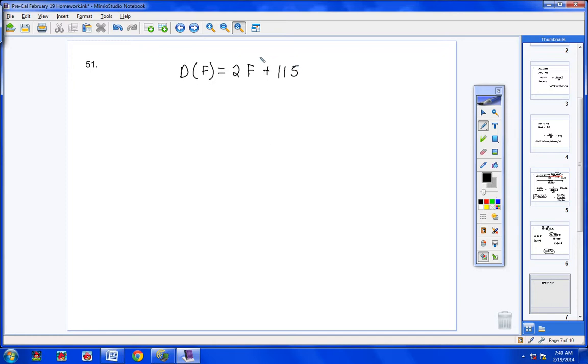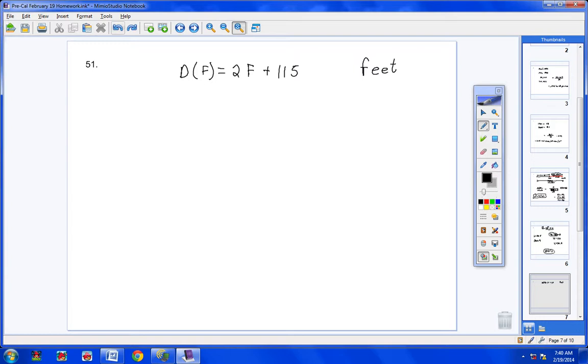F, of course, stands for the temperature outside Fahrenheit, and it also says that this whole thing is in feet. So when you put in a certain temperature, let's say you put in 20 degrees Fahrenheit, okay? The number 2 times 20 plus 115, the number you get out is the feet of distance you're going to slide before you come to a stop, okay?